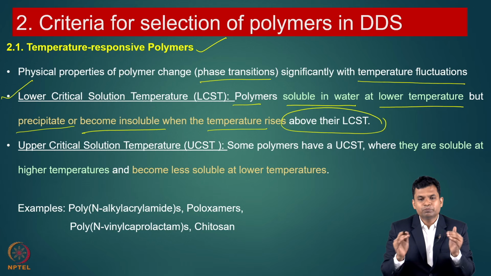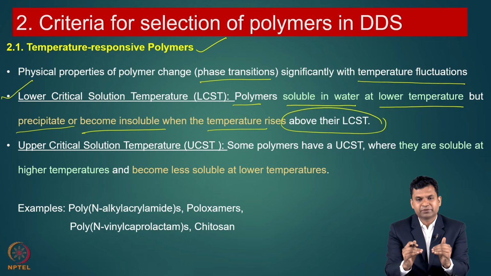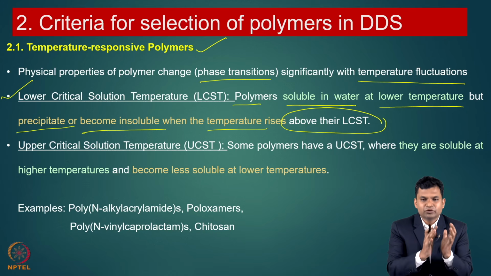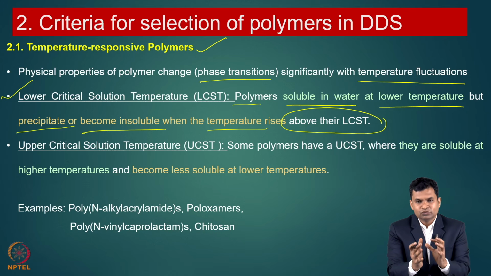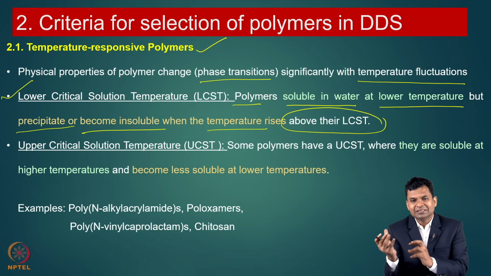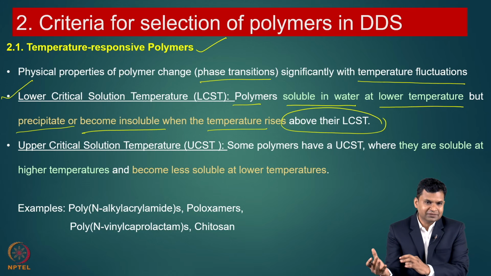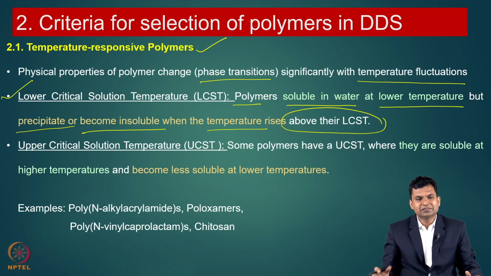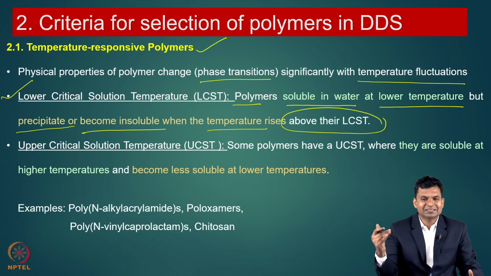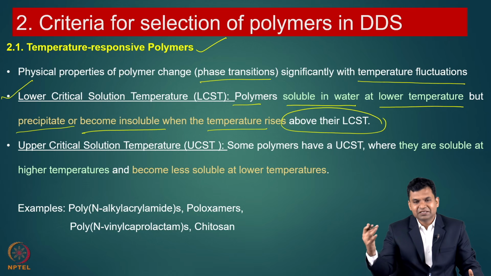So, when you apply low temperature, your polymer will be in the soluble state. Whenever you want to convert your solution to the insoluble or precipitate form, you can apply a temperature higher than the LCST and it will convert into the insoluble precipitate.